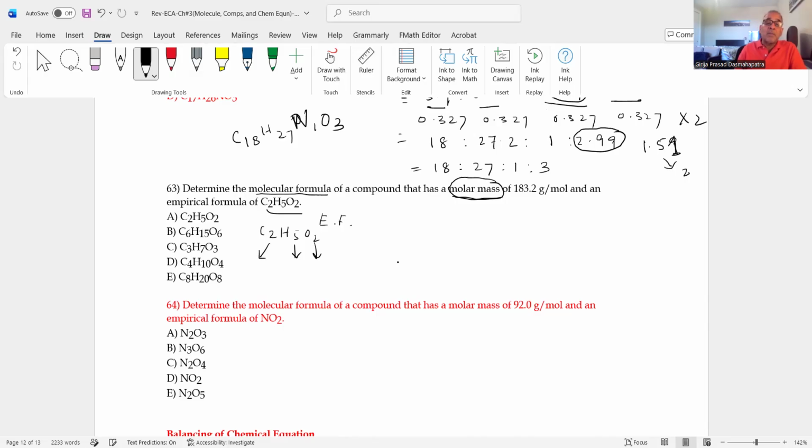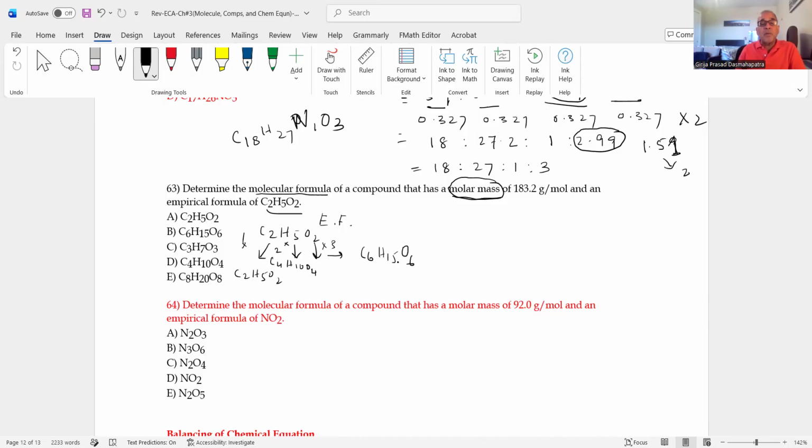So it could be the same if the common factor is 1, if the common factor is 2, this one will be C4H10O4. If the common factor is 3, this one will be C6H15O6.